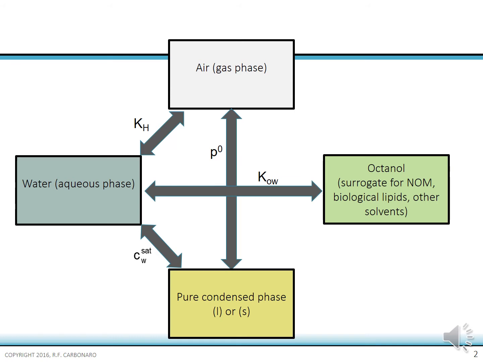So KOW will function very similarly to how KH functions as a linkage between the water and the air. KOW will serve as our way of describing how the chemical partitions between the aqueous phase, the water phase, and octanol.